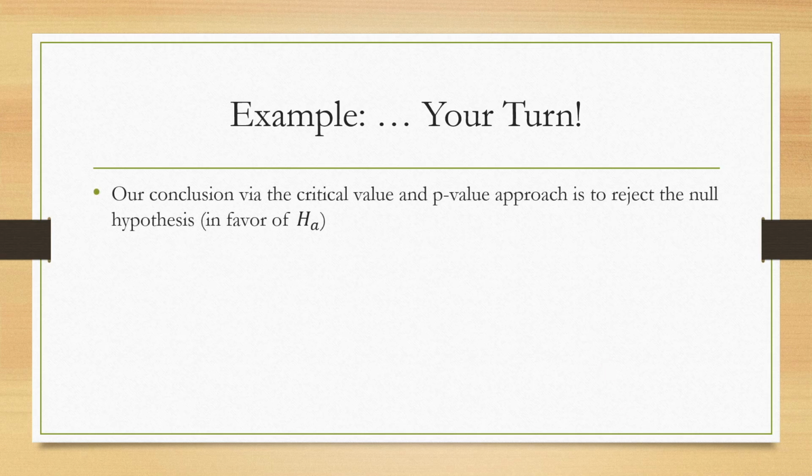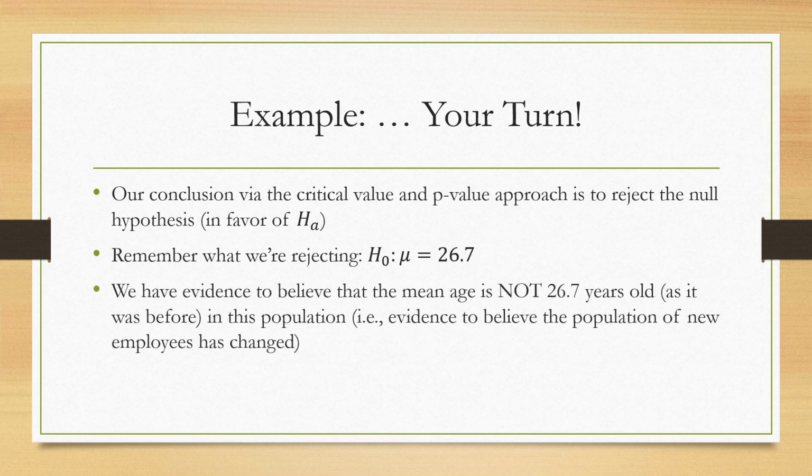All right, so our conclusion, again, via both critical value and p-value, and they're always going to agree, is to reject that null hypothesis in favor of the alternative. Again, what are we rejecting? We're rejecting that the mean age of hiring is 26.7, a value that we found from previous staffing data. And so something has changed.